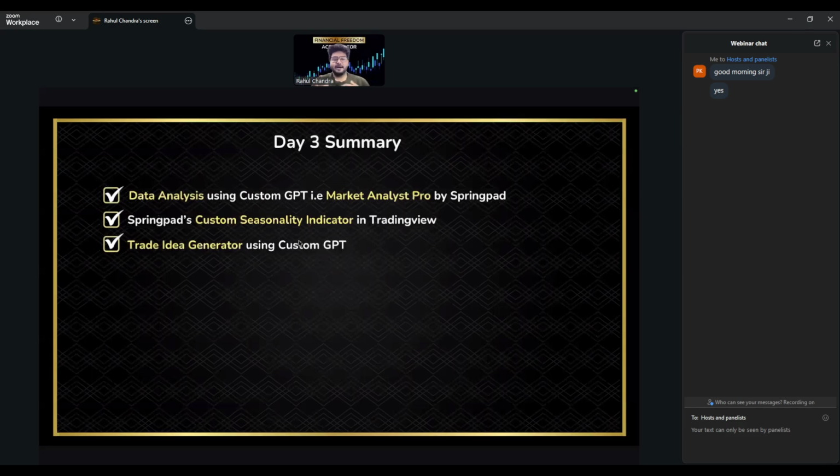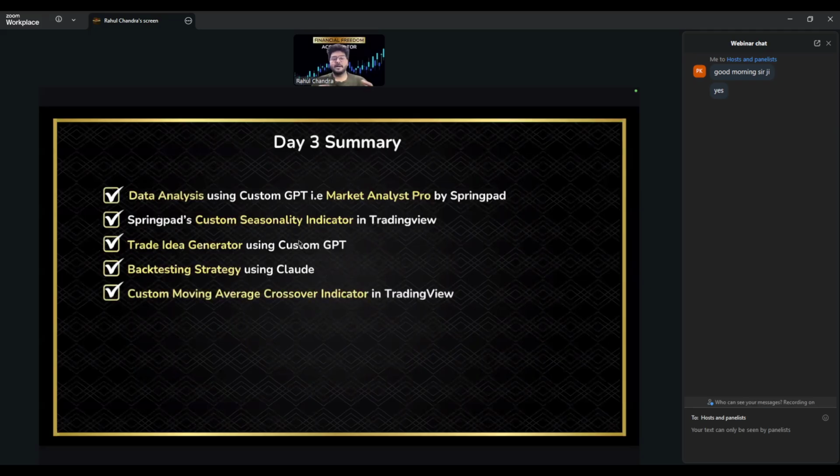Third, we learned how to use the idea generator using a custom GPT, which was given to you, wherein without knowing any line of code, you can build, or rather give life to your trading ideas and see how it works in terms of algorithms. Then we saw how to backtest any particular strategy using Claude so that you know whether it has worked or not with historical data, and you have more conviction to put it into forward testing or deploying it in live markets.